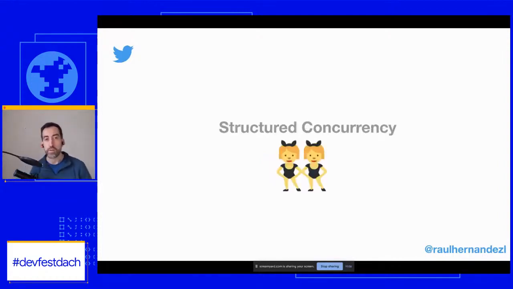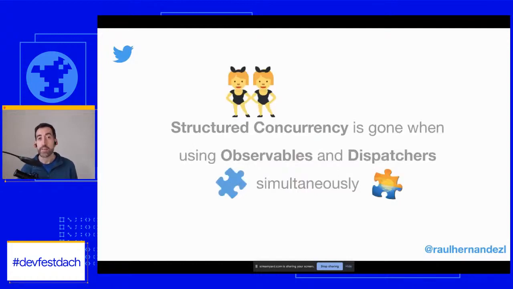Nice. Also, we have structured concurrency, which is super cool to have. It gives us the ability to have self-completion for the streams, as well as the fact that it's going to cancel all the different things inside this scope. And you don't have to do it in every layer, because if you remember with RxJava, we have CompositeDisposable that basically finishes a set of disposables. But if you have this in different layers, you have to do it in every layer manually yourself. So structured concurrency is super cool, and it gives you a few benefits. But the fact is that structured concurrency is gone when you are using observables and dispatchers simultaneously.